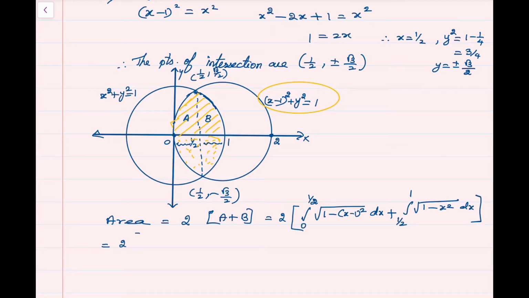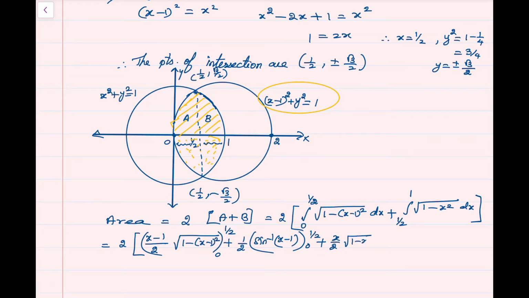Let us use the formula 2 times, here x is x minus 1. So, x minus 1 by 2 root of 1 minus x minus 1 the whole square plus a square by 2 sine inverse of x minus 1 by a, a is 1, and the limits are 0 to half, plus the same formula for the next integral, which is x by 2 root of 1 minus x square plus a square by 2 sine inverse of x by a, a is 1, and the limits are half to 1.